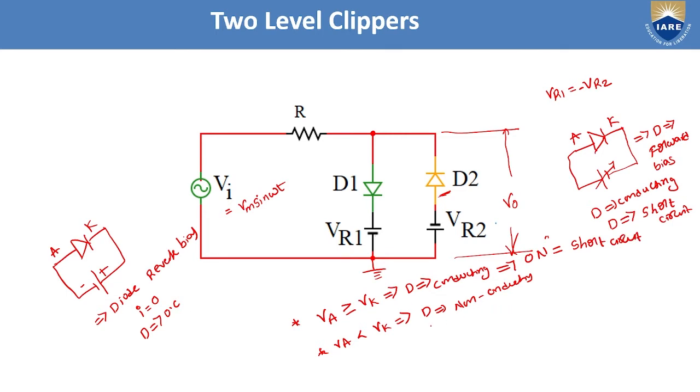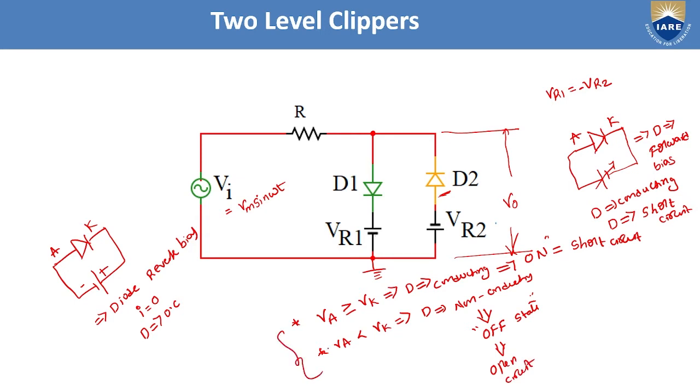If the anode voltage is less than the cathode voltage, the diode is non-conducting. Hence, this state is represented as the off state. If it is in the off state, it is replaced with the open circuit model.